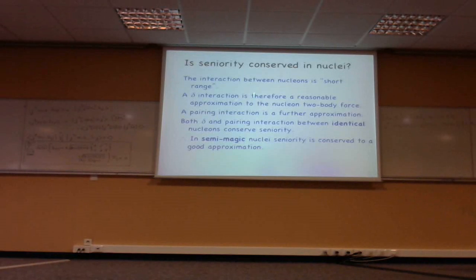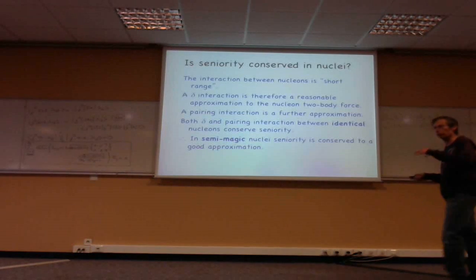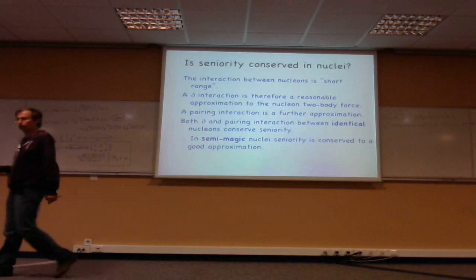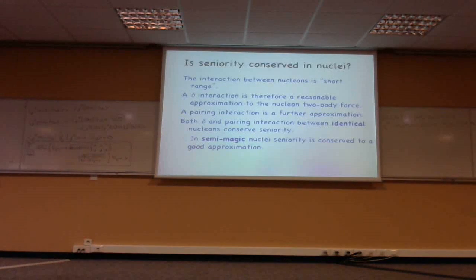Okay, and since the delta interaction is not so bad an approximation to the true, realistic interaction between identical nucleons, you can say that in semi-magic nuclei seniority is conserved to a good approximation. And this also we will test this afternoon with an example.